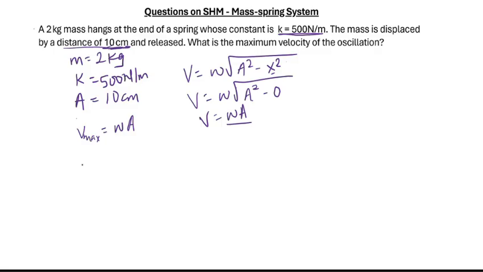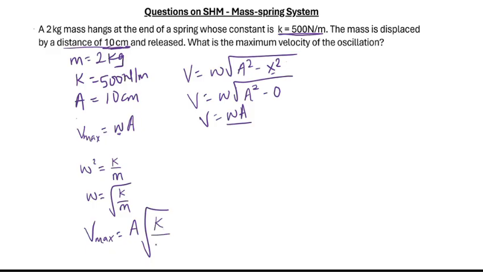But remember that omega squared is equal to k over m, and omega will be equal to square root of k over m. Because what was given was m and k, not omega, we can say that my v max is equal to amplitude times square root of k over m.